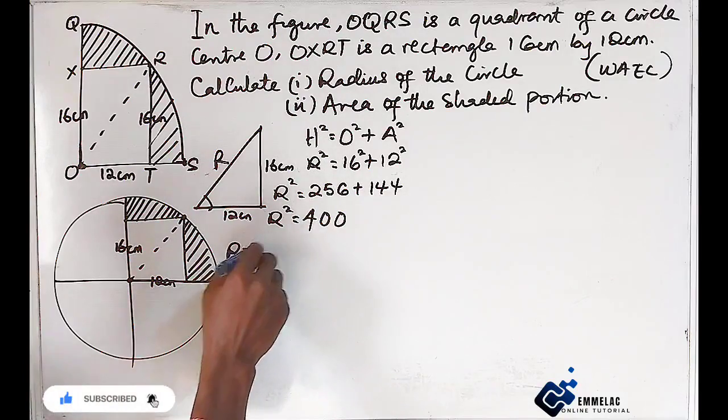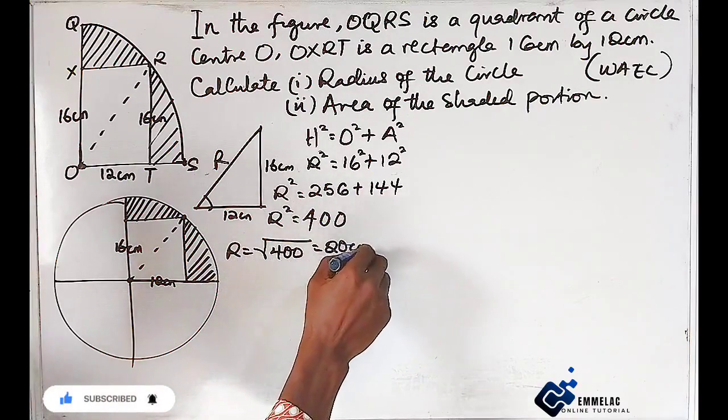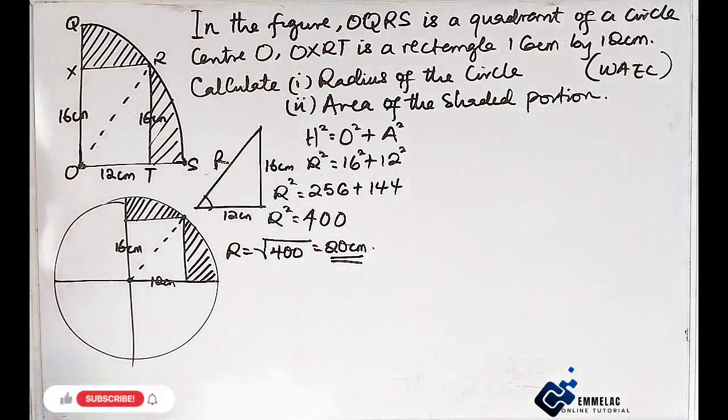So r will be the square root of 400, which gives us 20 centimeter. So automatically the radius is 20 centimeter.